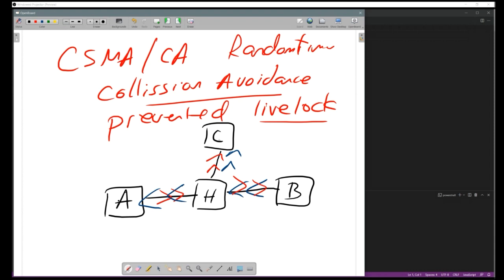There's still a chance that you pick the same random number over and over again. So you might still have a few steps of live lock, but it's not the case where you'll get it every time, because you were trying to send as fast as possible. It might happen once or twice, but as the time period extends, the chance of it occurring more and more becomes infinitesimally small.